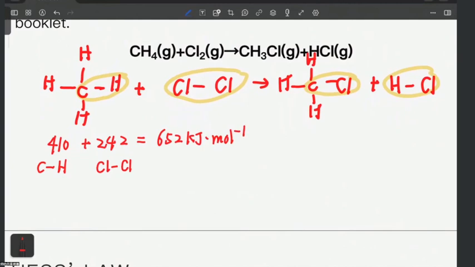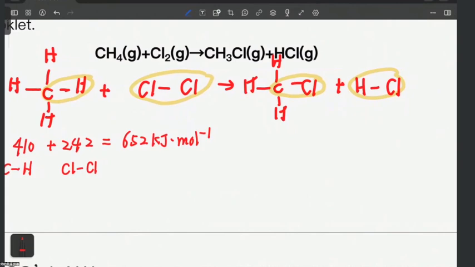The second step, we need to know the bonds formed. When forming the carbon-chlorine bond, it is 340, and the hydrogen-chlorine bond is 431. The total number is 771 kilojoules per mole.